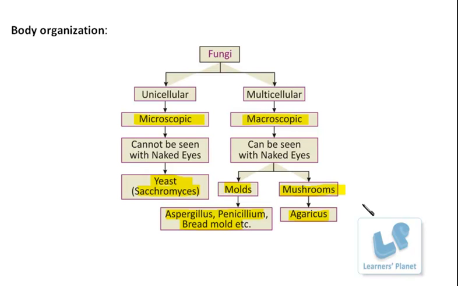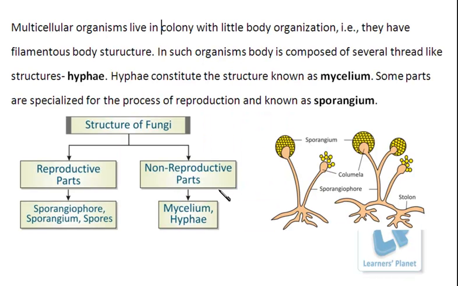simple organization. Let me show you the next flowchart so as to understand that part. So these multicellular organisms have a filamentous body structure. Fine. And in these filaments, there are specific parts which are specialized and are serving different functions.